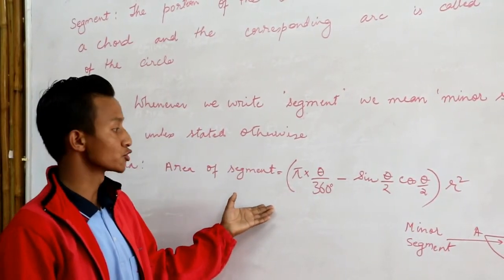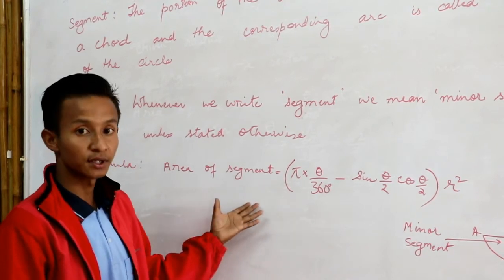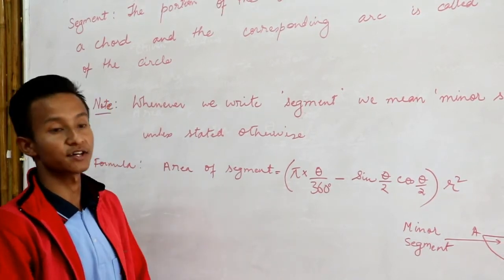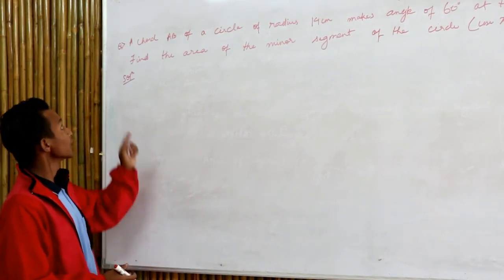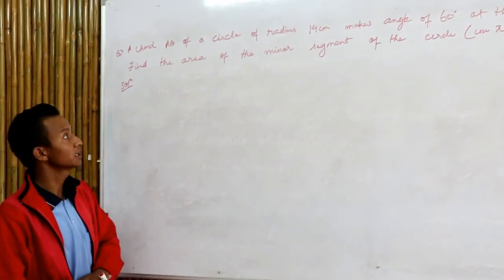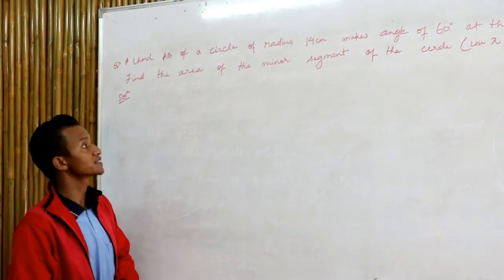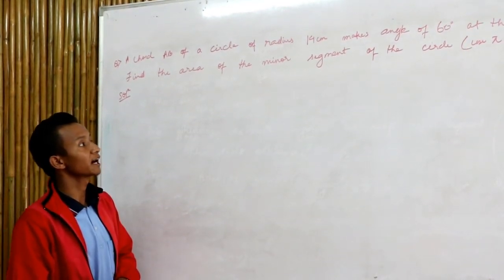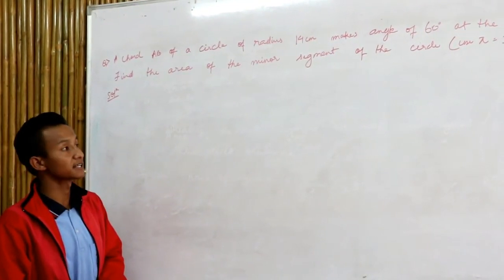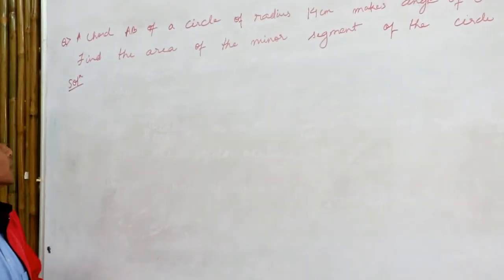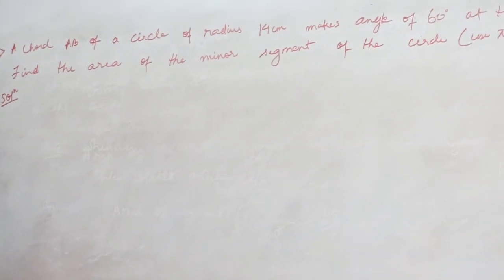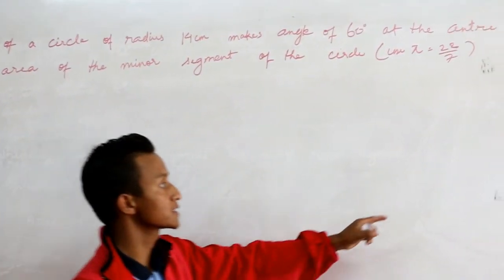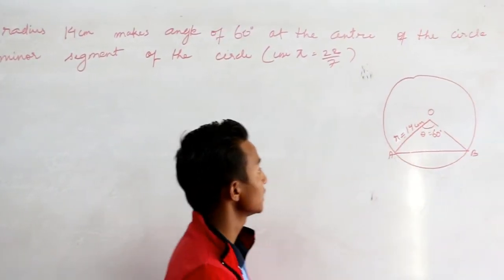So let us do some problems related to this formula of area of a segment. Here is another problem. The chord AB of a circle of radius 14 cm makes an angle of 60 degree at the center of the circle. Find the area of the minor segment of the circle. So have a look at this circle.